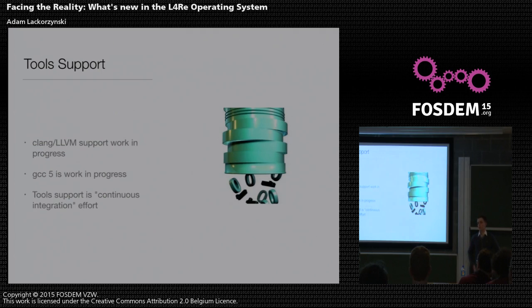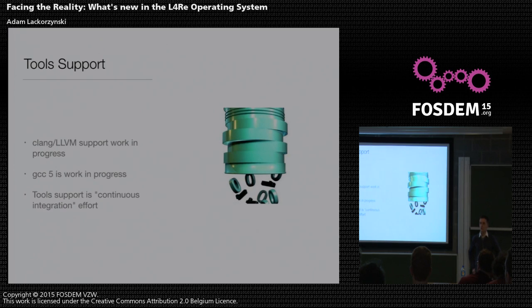Then a major, ongoing effort is extending and providing our tools support. So we have been working on Clang and LLVM support. This is still work in progress. It's a continuous effort because it's kind of a moving target. So is GCC 5 support. GCC 5 hasn't been finalized yet, but since 2 weeks or so, GCC 5 isn't crashing anymore when trying to compile Fiasco.